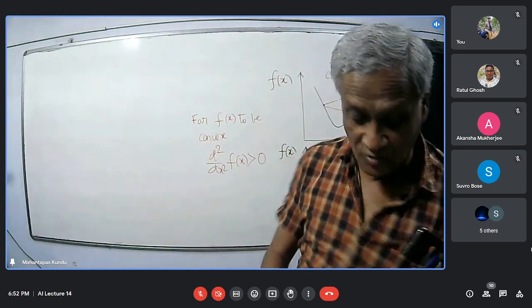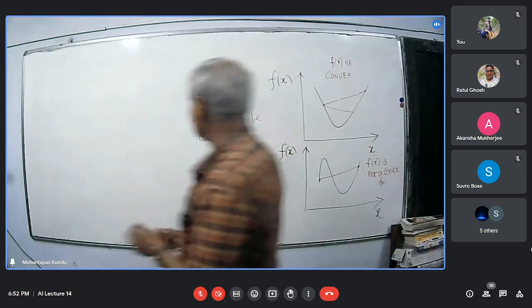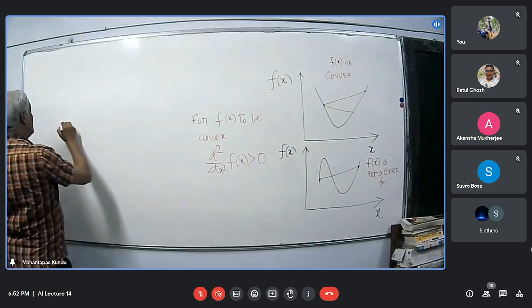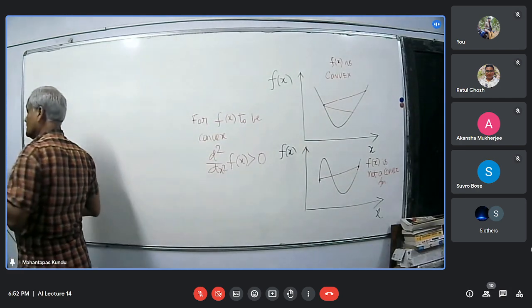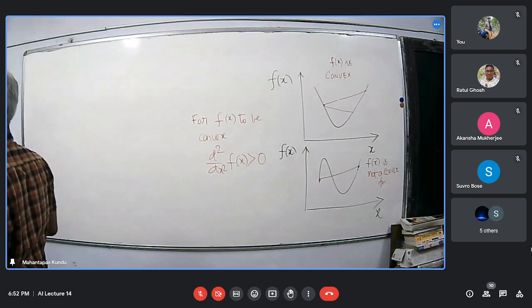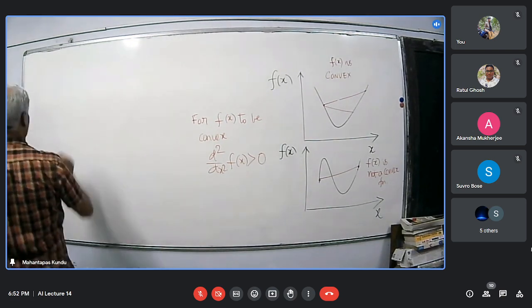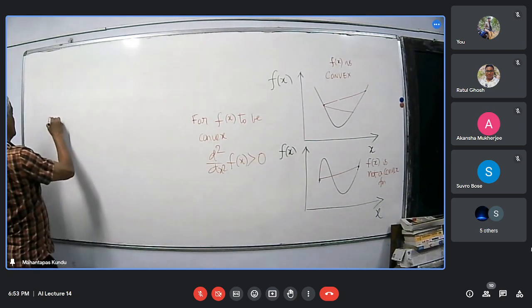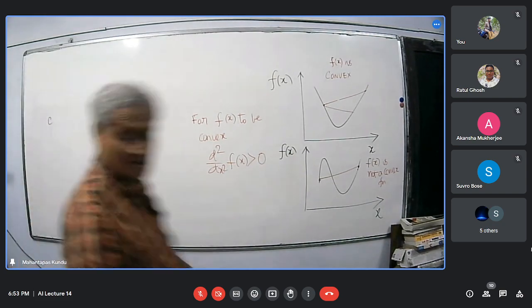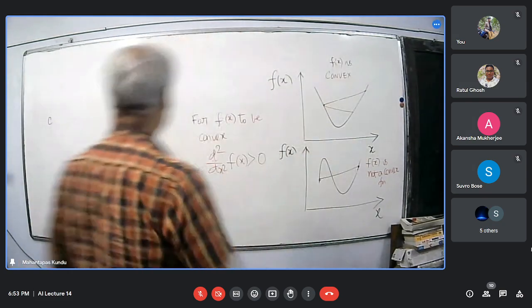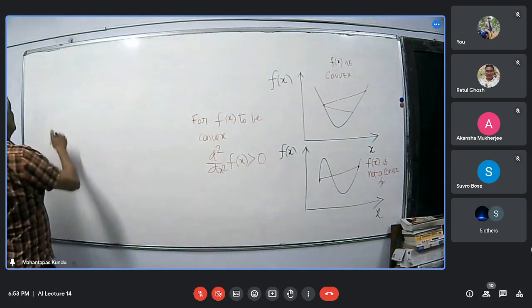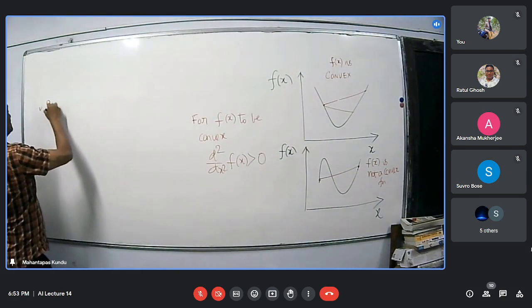So these are the two conditions which must be satisfied to apply gradient descent based optimization methods. These are the preconditions.